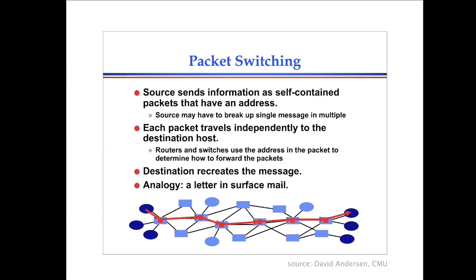I told you that in packet switching, essentially what we do is break up the data we want to send into tiny pieces. We slap an address on top of each of them, an IP header, and then we send each packet independently from the others. Each packet will travel independently in the network, and each router in the middle will look at the destination address and perform a routing and forwarding decision. And that decision is kind of local.